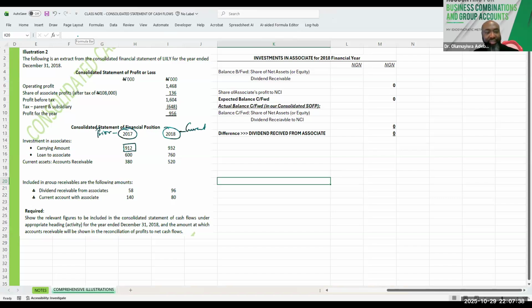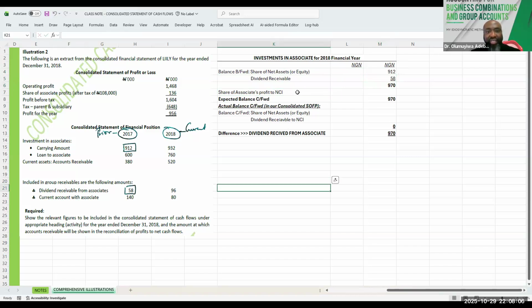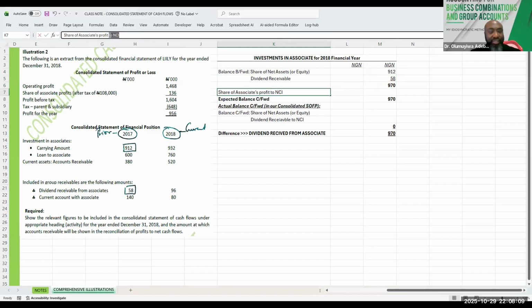And for dividend, it is 58. Therefore, the carrying amount is 912, which is brought forward, and the dividend brought forward is 58. And that gives me 970. During the year, there's a share of profit after tax from the associates.